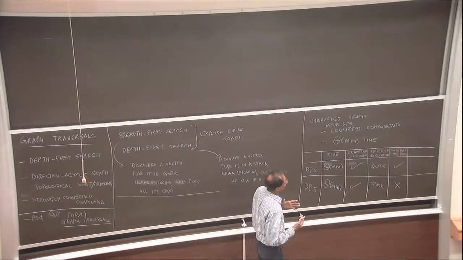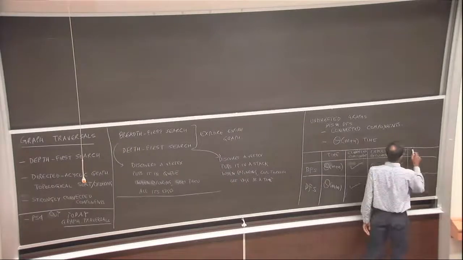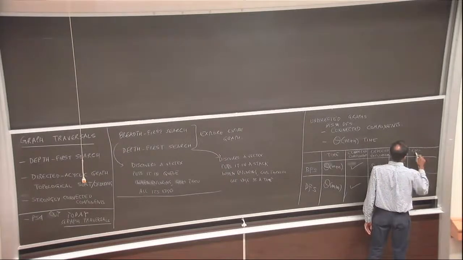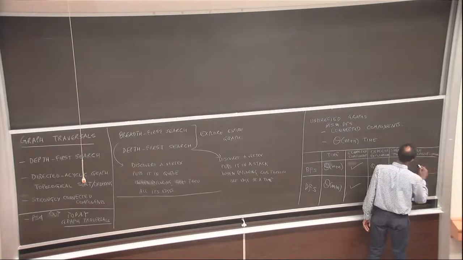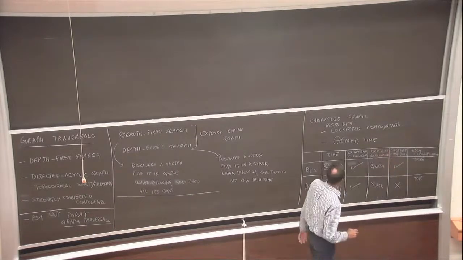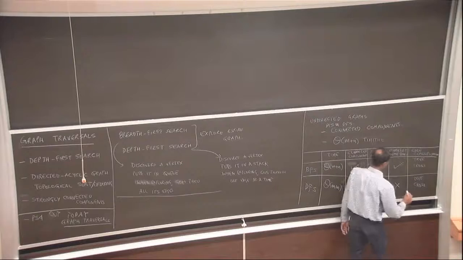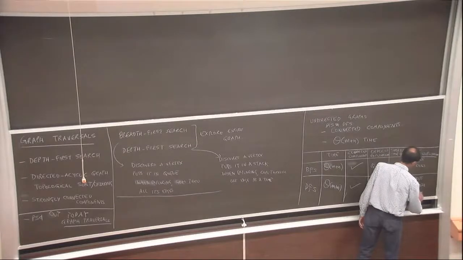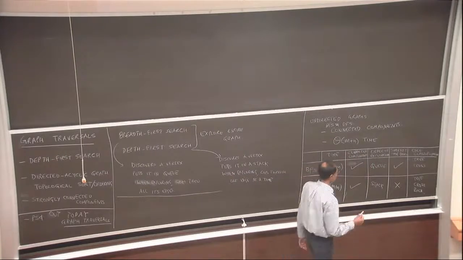Other than that, there is some notion of classification of edges. Each of them can be used to classify edges. There is a notion of a tree edge, a notion of a cross edge, a notion of a back edge in DFS, and a notion of a forward edge in DFS, and we will go over all of that.